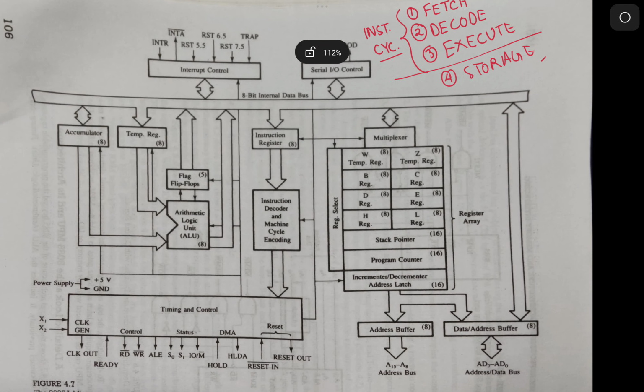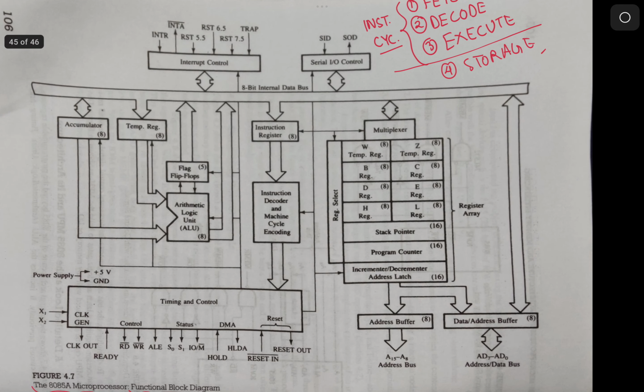The first thing we have to look at is the program counter. And this program counter is a 16-bit register which is used to store the address of memory location from which the next instruction has to be fetched.